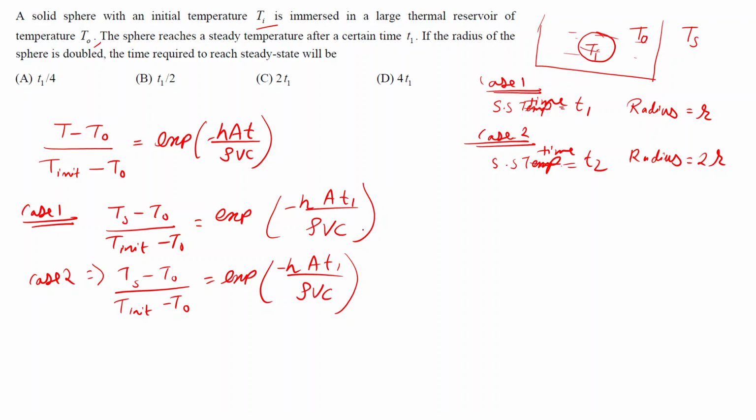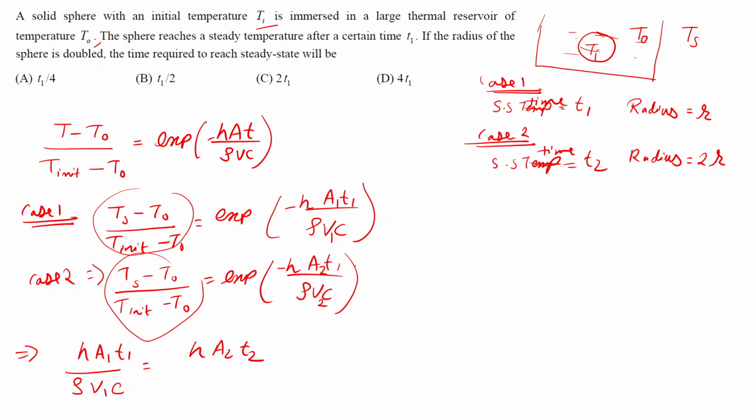So now let's consider for case 1, the area will be A1, volume will be V1, and h, rho and c will remain constant. So for case 2 also A2 and V2. The left hand side terms are both the same, so we will equate both these equations and we can get hA1T1 upon rho V1c is equal to hA2T2 upon rho V2c.